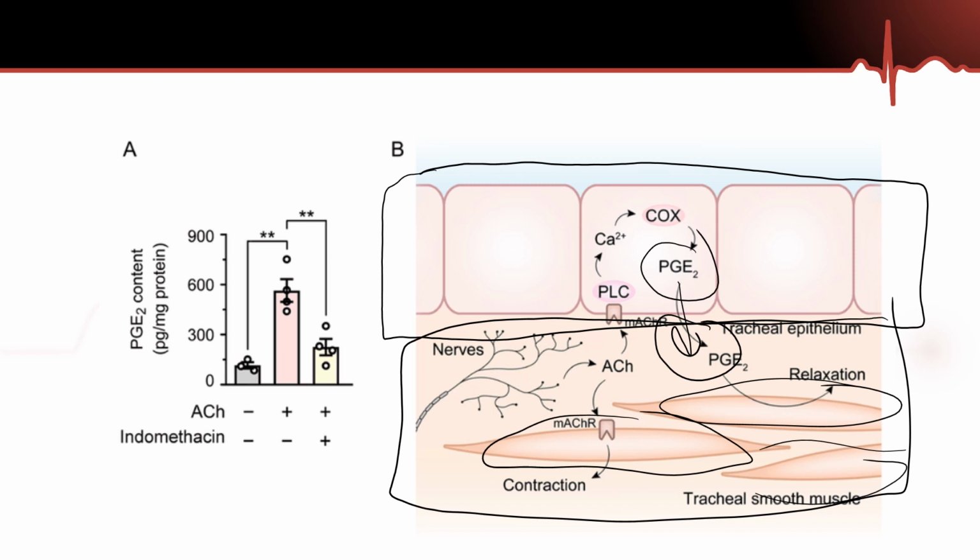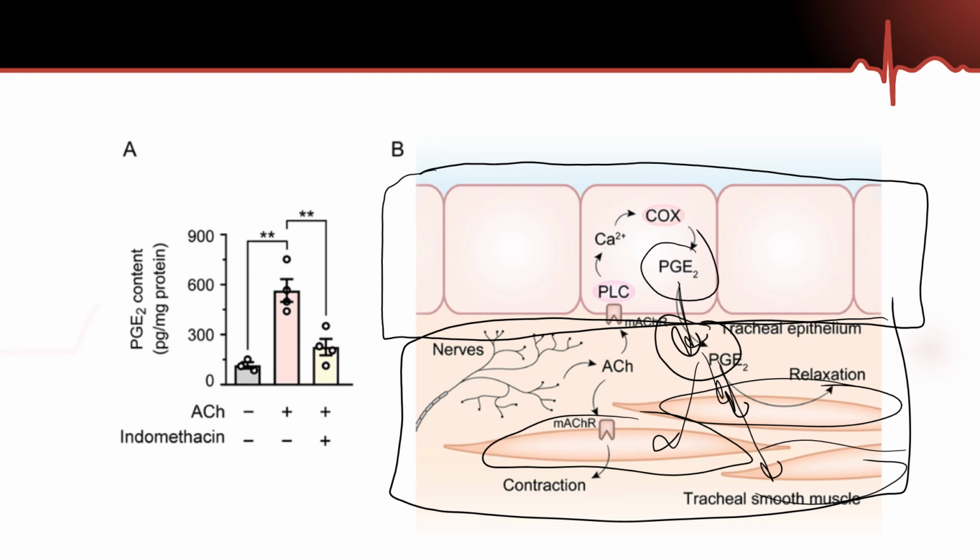And what we think actually happens is that prostaglandin goes into the smooth muscle cells that make up the tunica media, and there are receptors inside of the smooth muscle cells, which makes sense, right? Because prostaglandin is an eicosanoid, so it's a paracrine. It travels from the epithelial cells a very short distance and then gets to the target cell, which is the smooth muscle in the tunica media.